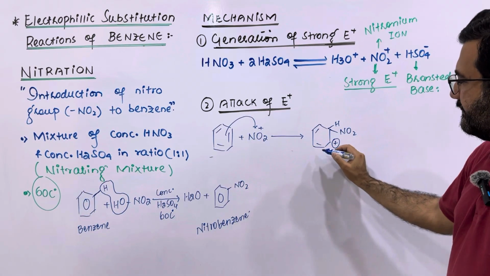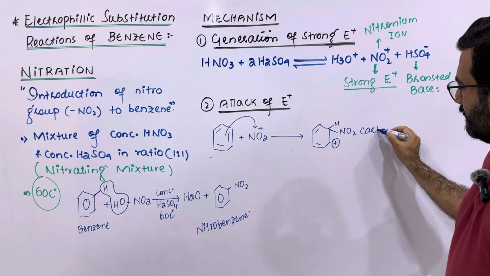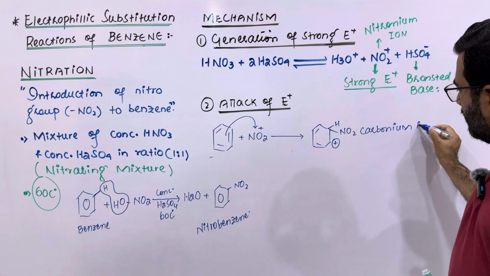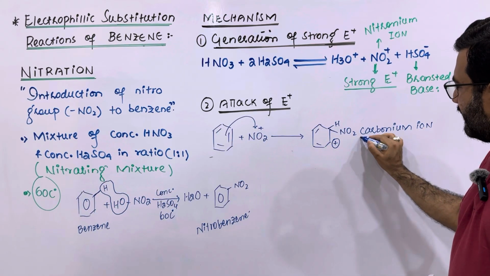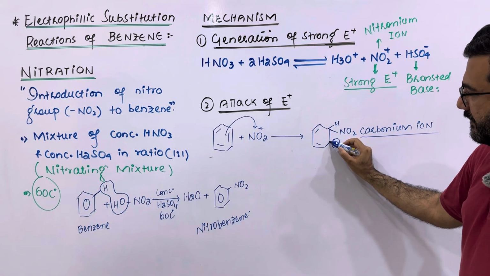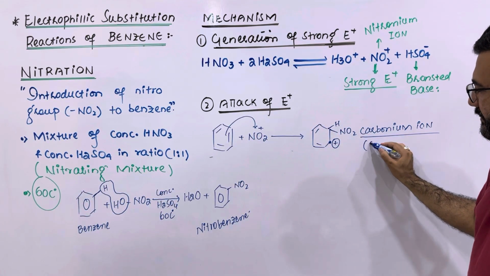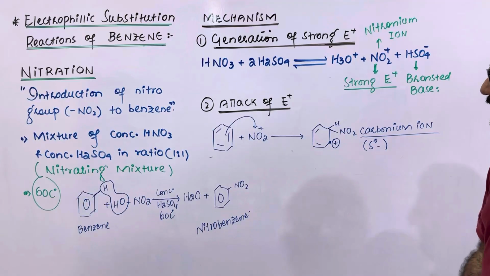This one is the carbonium ion, or you may say carbocation. And as the positively charged carbon is directly attached to two carbon atoms, it will be an example of 2-degree or secondary carbocation.